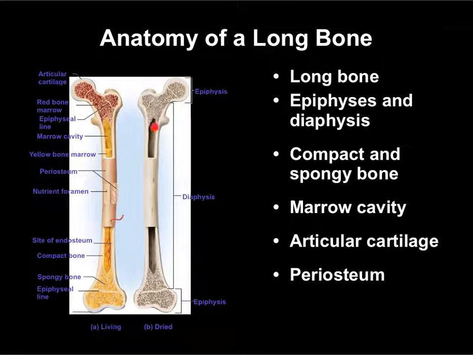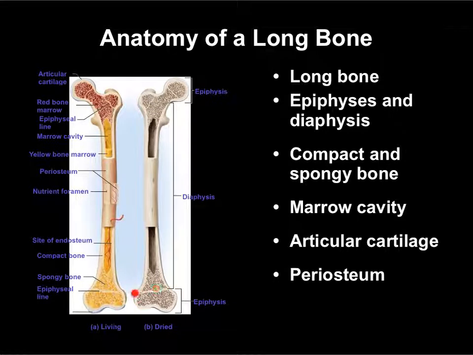The marrow cavity of the diaphysis is typically filled with yellow bone marrow. This is fatty and provides a nutrient source for your body in general, but also specifically to the bone. And within the bone marrow cavity, there are also blood vessels and nerves.